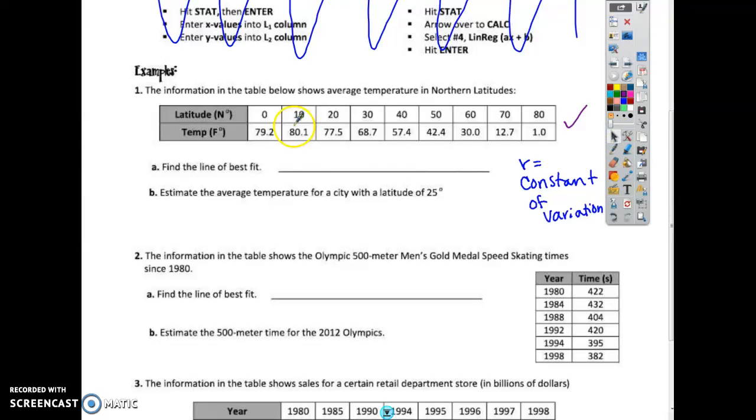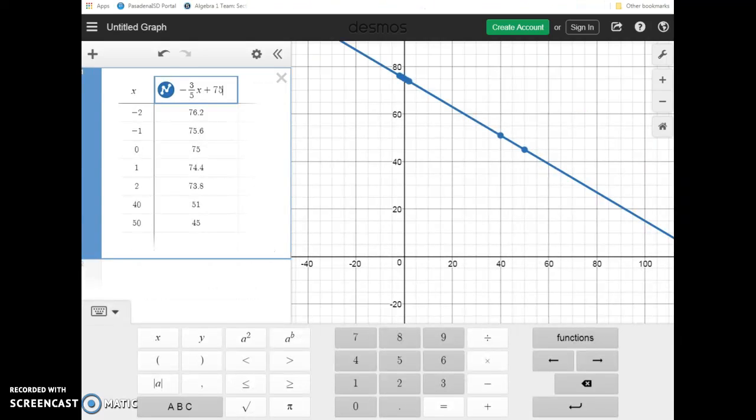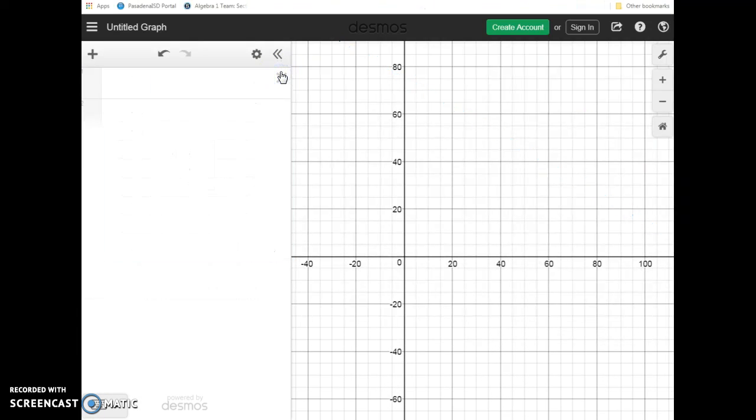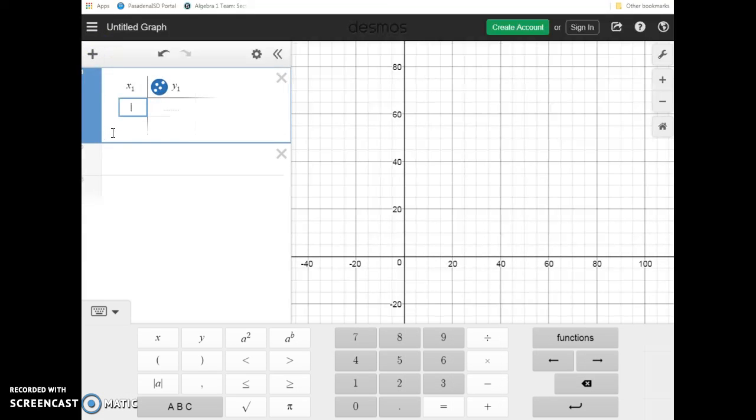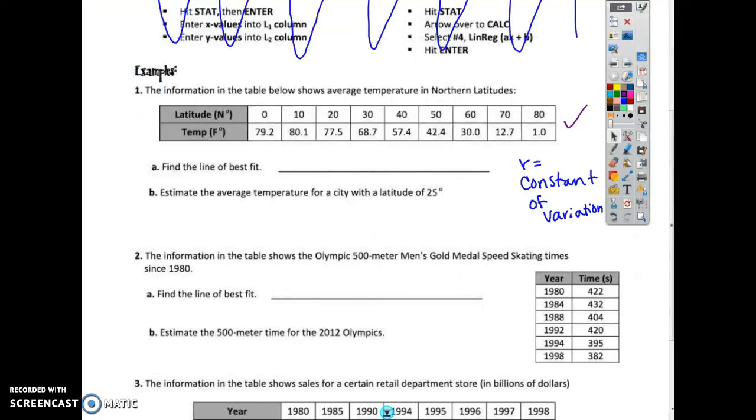So let's all put this table in decimals, and let's find the line of best fit for it. So again, you're going to add a table. Everybody's doing this. We're doing it together. You're going to do the x's first. Miss Mesa, which one are the x's?